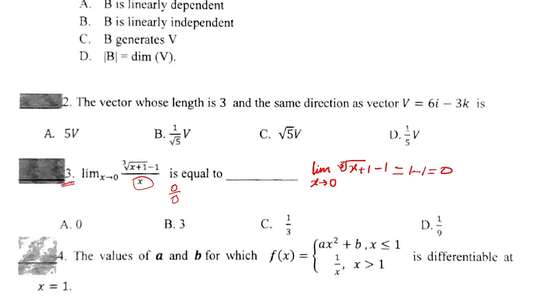What we need to do here is to apply L'Hopital's rule. The limit of the cube root of x plus 1, minus 1, over x as x approaches 0 is equal, by L'Hopital's rule, to the limit of the derivative of the numerator over the derivative of the denominator.